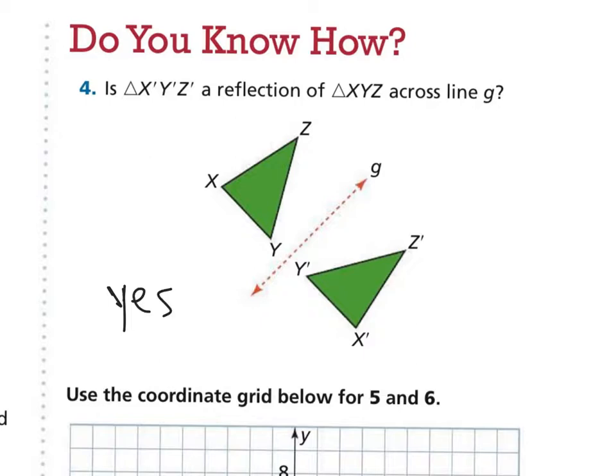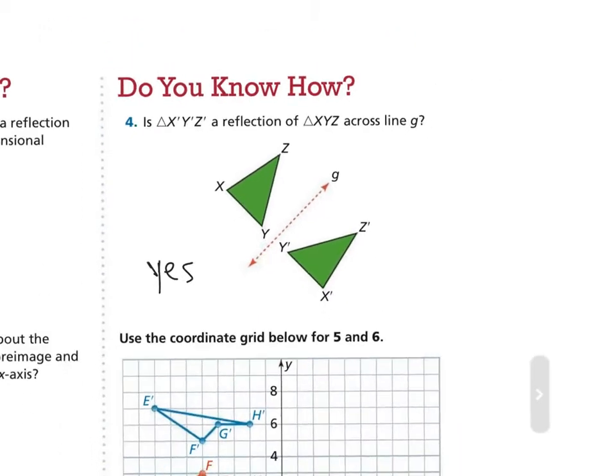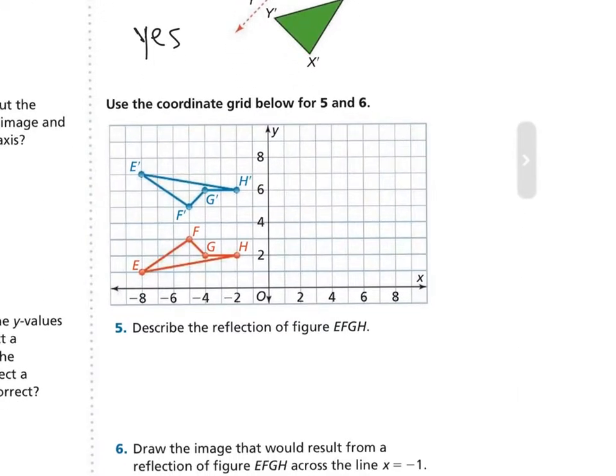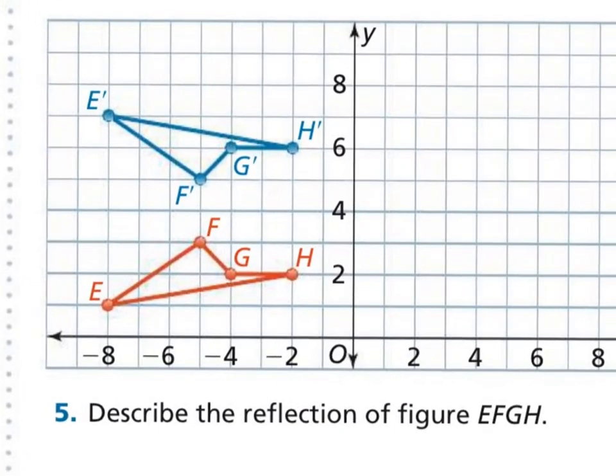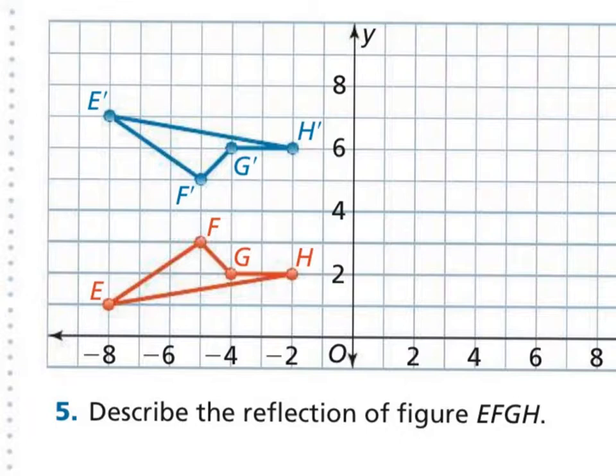Okay. Look at number 5. They want us to describe this reflection. So what we have to think about is, where can we draw a line where these two things would match up? Well, there's not a ton of room in between them, so maybe we can see this here.